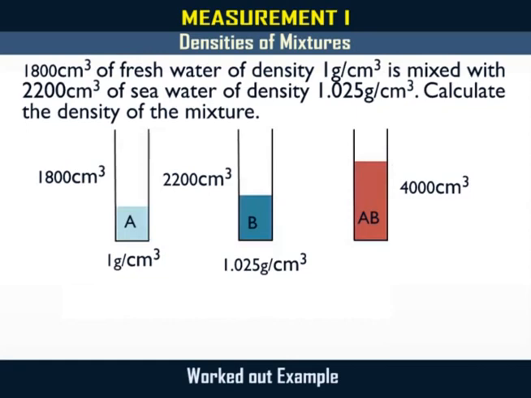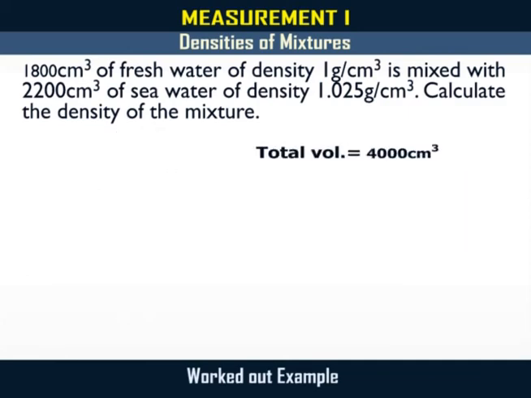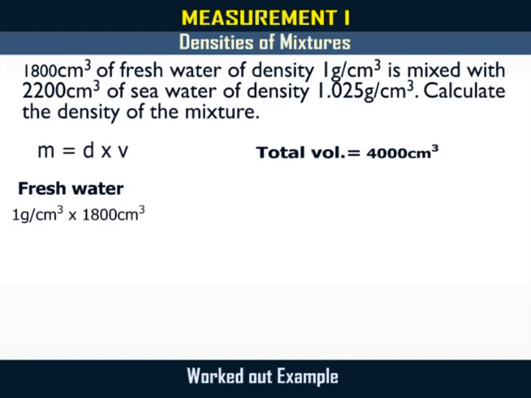To get the masses, we need to calculate. Since density is equal to mass over volume, mass is equal to density times volume. So mass of the fresh water is equal to 1 gram per cubic centimeter times 1,800 cubic centimeters. That gives us 1,800 grams.